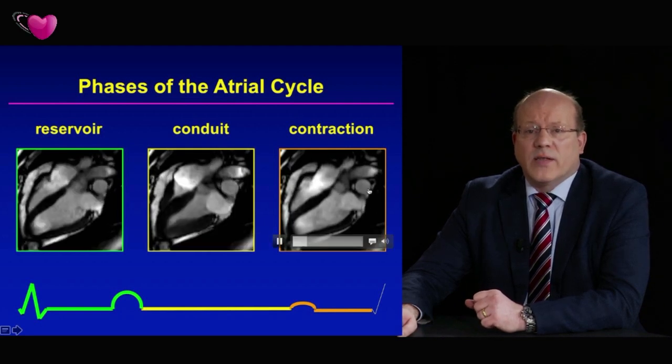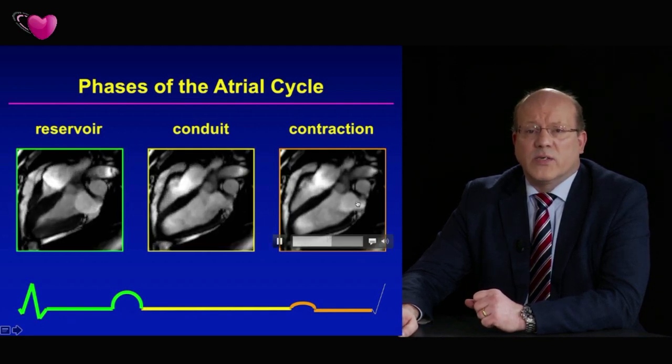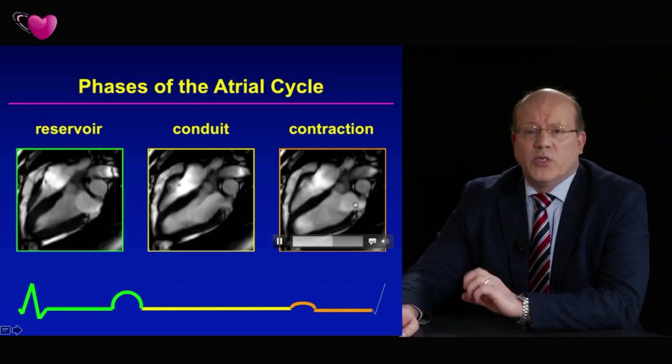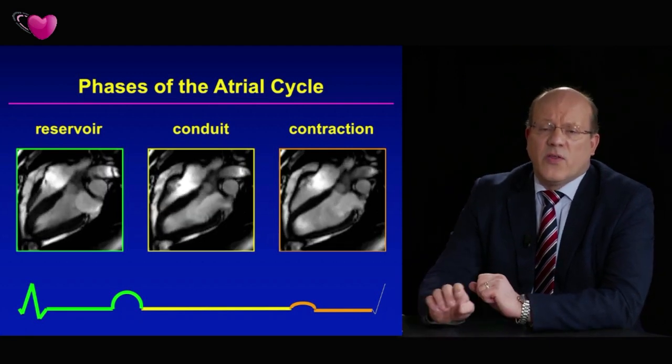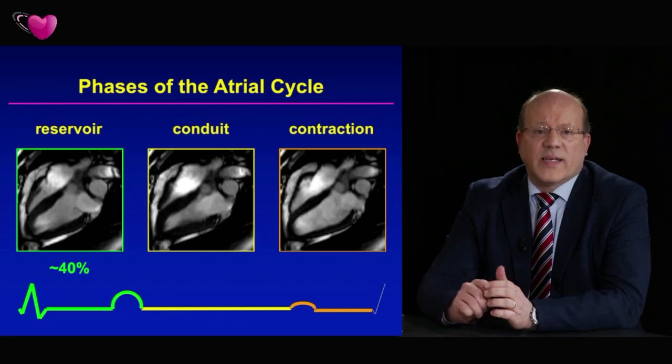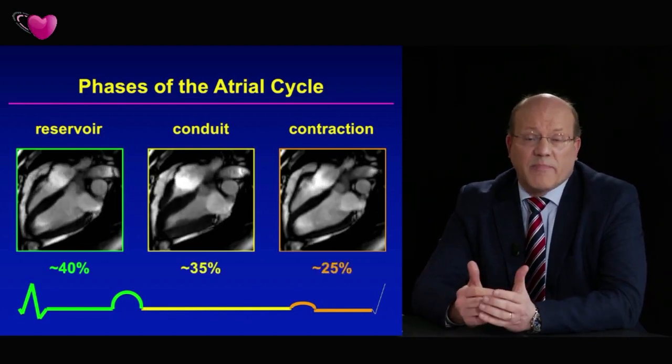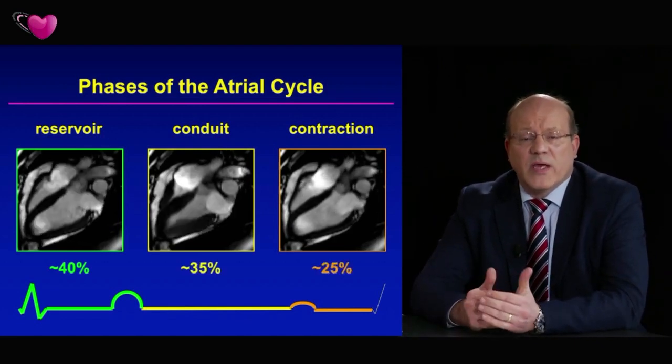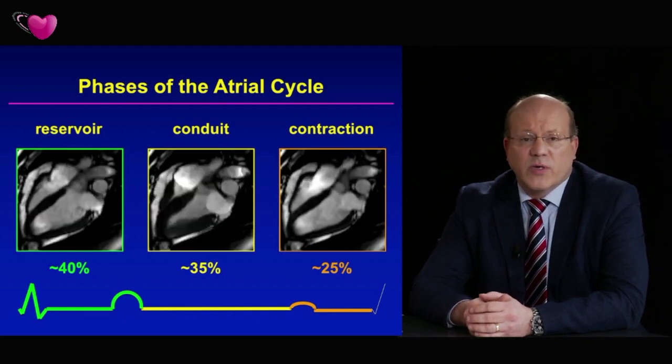And then if you look at the very last part, this is the contraction after the P wave. Here you see how the last bit of blood is pushed into the ventricle. And these three phases can be observed in the atrium, and they all contribute to the filling of the ventricle.